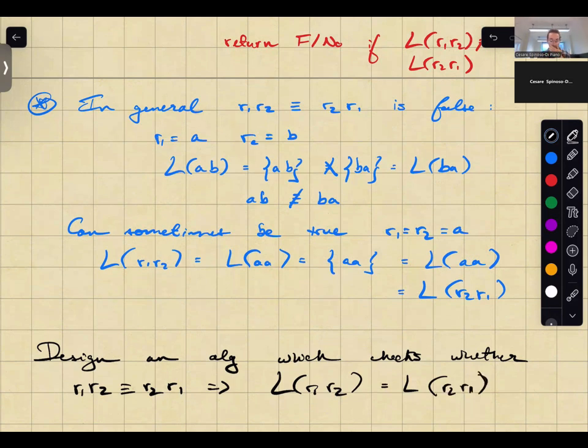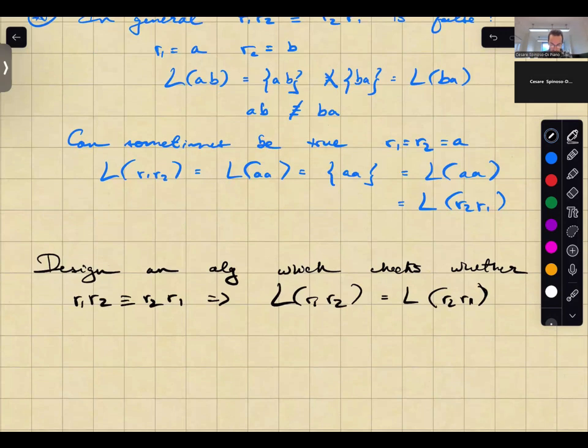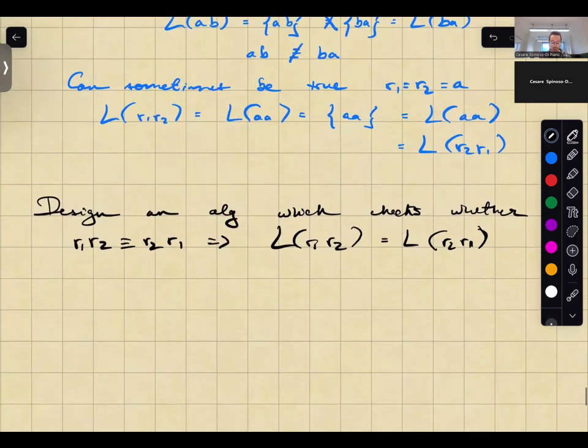Okay, so this is what we're kind of looking for. So this is a bit difficult to do immediately, right? It might be difficult to design an algorithm which studies the regular expressions, the symbols within the regular expressions, and then determines just based on reading the regular expressions, whether or not they're going to be equivalent. That kind of sounds pretty hard.